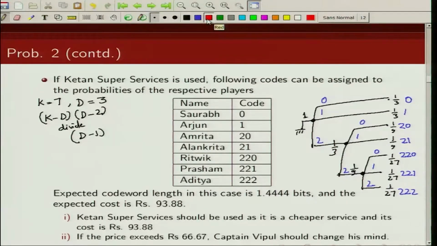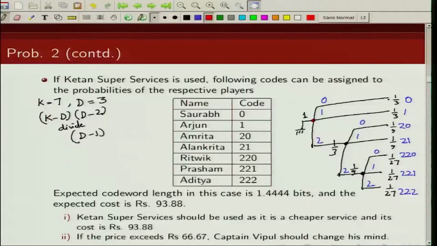It is the sum of the probabilities of all the nodes including the root node. So this will be 1 plus 1 by 3 plus 1 by 9, and that comes out to be 1.44 bits.